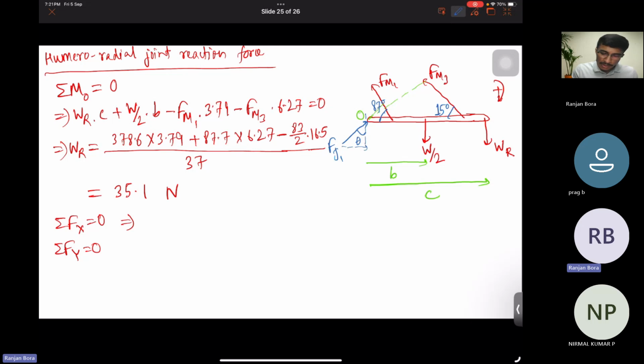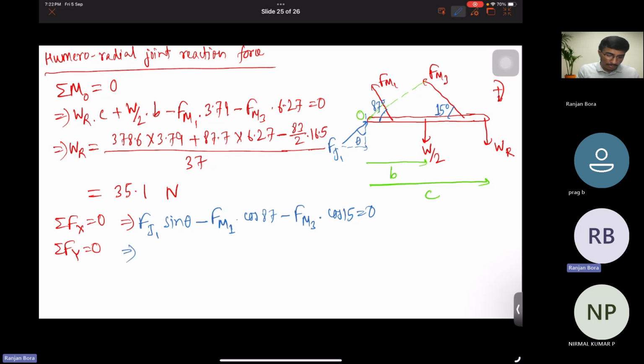This horizontal x component will be FJ1 sin theta, and it will be minus FM1 cos 87 minus FM3 cos 15.